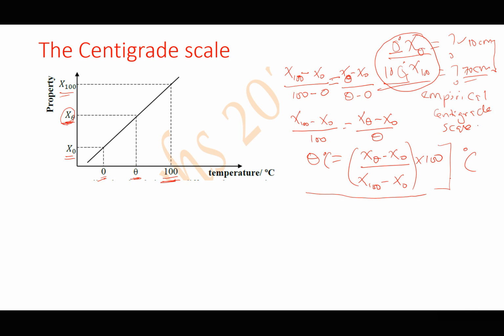In fact, the choice of a different thermometric substance and a thermometric property may lead to a different centigrade scale, may give a different Celsius scale. There will be agreements between the scales at fixed points.